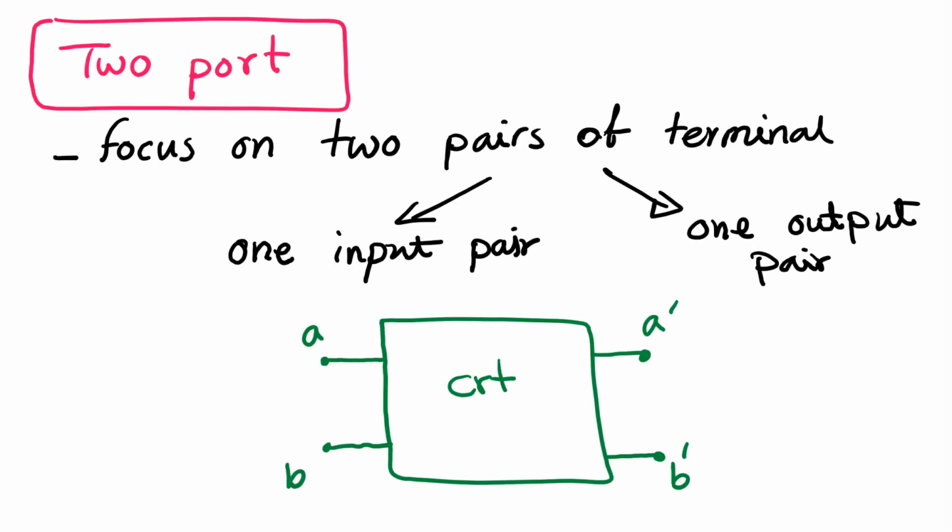So if you want to be able to model this two-port circuit, we have to make sure that there is no energy stored in the components inside the circuit. The second feature is that there should be no independent source in the circuit. So we're not allowed to have independent sources in the circuit if we want to model based on what I'm going to discuss here. So no independent source.